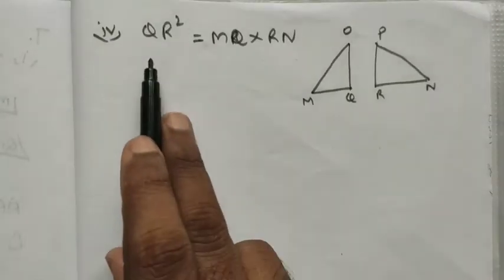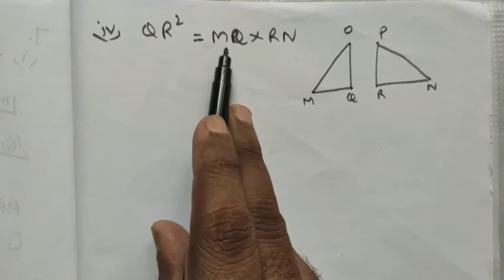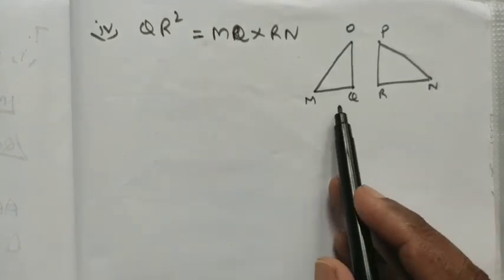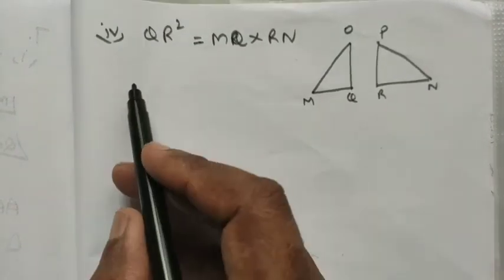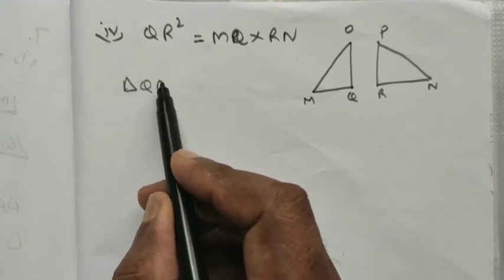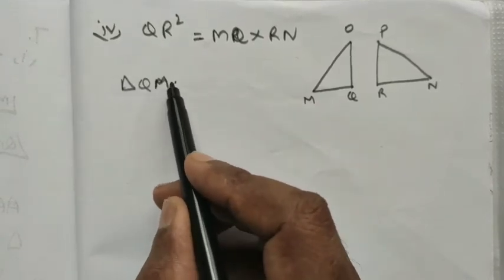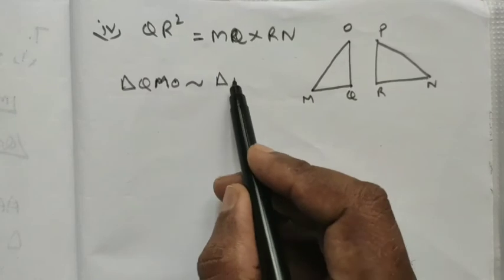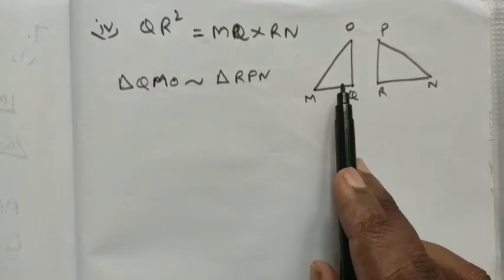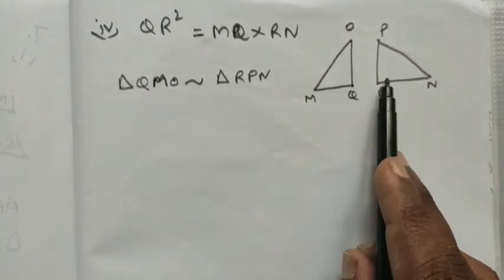So the fourth Roman number: we have to prove that QR square is equal to MQ into RN. The third Roman number, what we have proved, is that triangle QMO is similar to triangle RPN, right? First of all, we have proved these two triangles are similar.